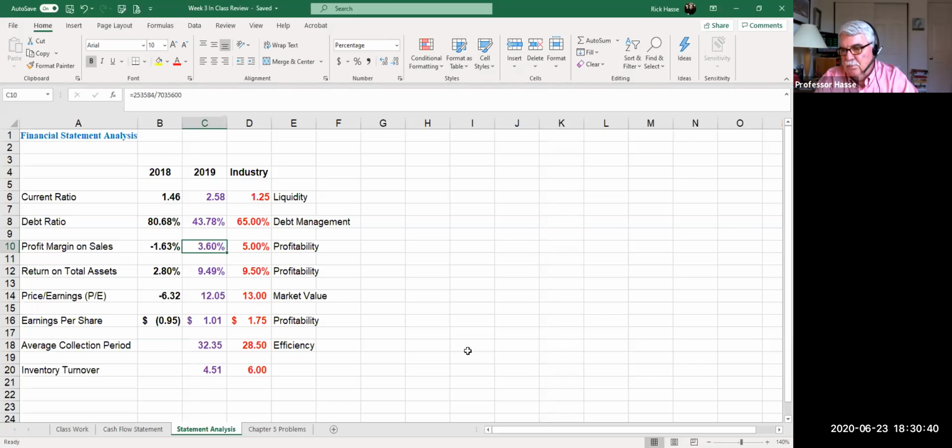The next number is very important for us later on in this class when we get into chapters 8, 9, and those capital budgeting chapters. It's the relationship of net income to total assets. What kind of return are the assets generating for us? Here the net income is a little bit different. If you notice on page 105, return on assets under profitability measures is after-tax operating income divided by total assets.